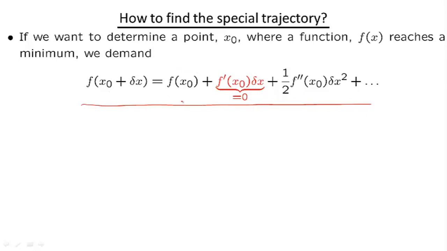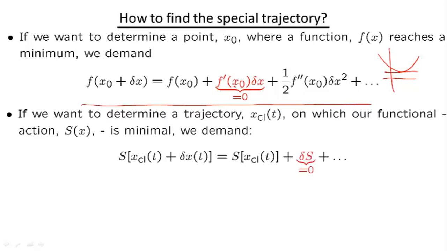It's going to have the value of the function at x0, the first derivative, the second derivative, etc. And the minimum of this function is going to occur where the tangent to the plot of f of x is horizontal, or the first derivative vanishes.